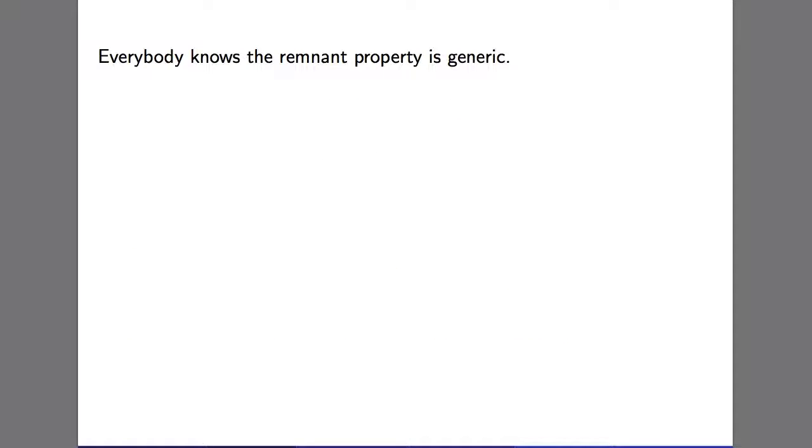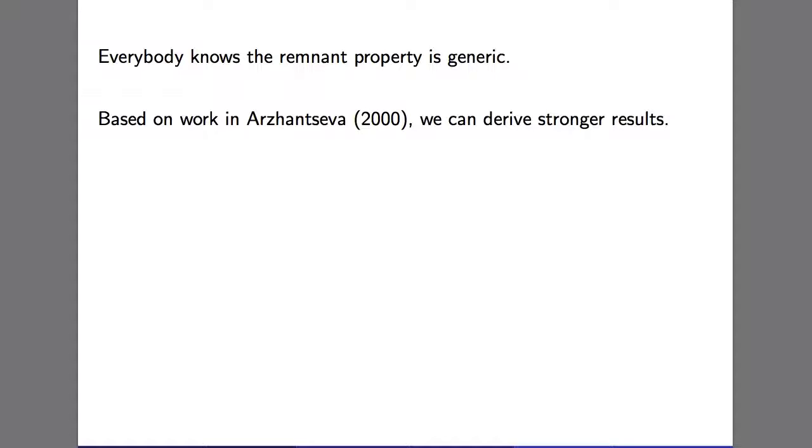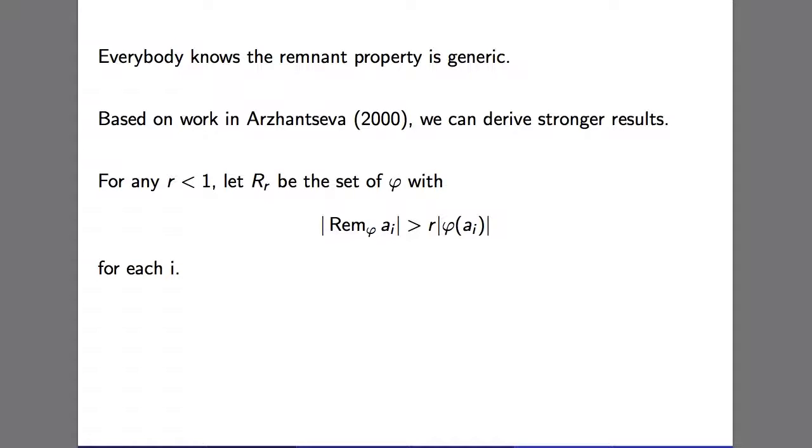Everybody knows, because Bob said so yesterday, the remnant property is generic. But actually, you can say much stronger things than just any random map should have a remnant. You can say more. Based on some work in combinatorial group theory, which is pretty fancy group theory stuff, you can show this actually.